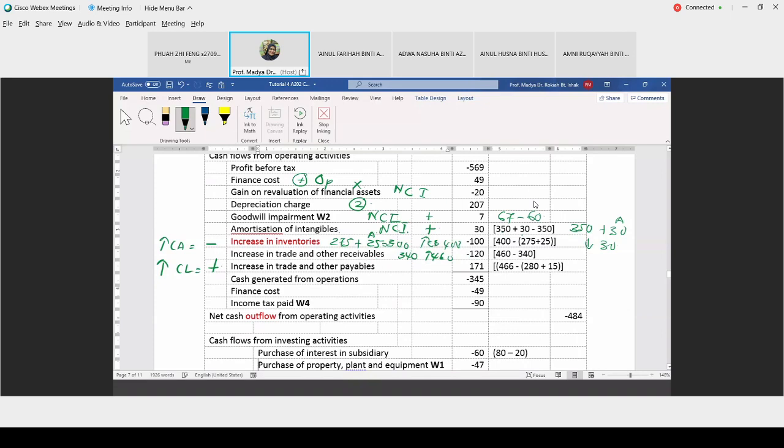Okay, those are the only 2 items that we have for current assets. And then for current liabilities, we're going to have trade payables and also tax payable.